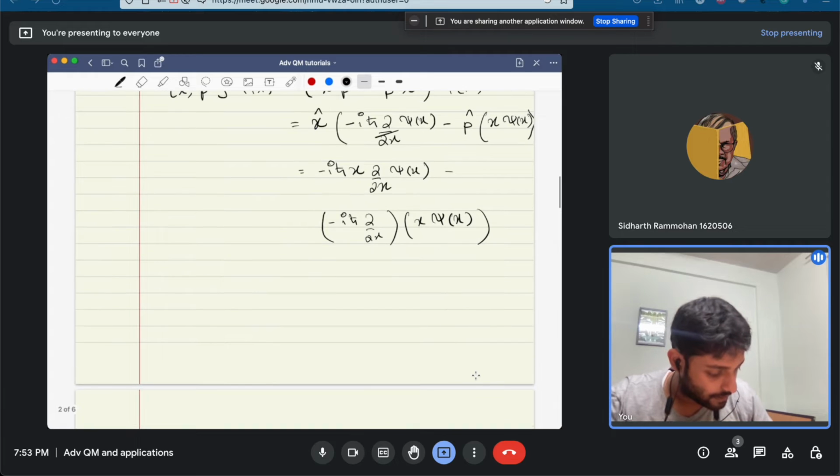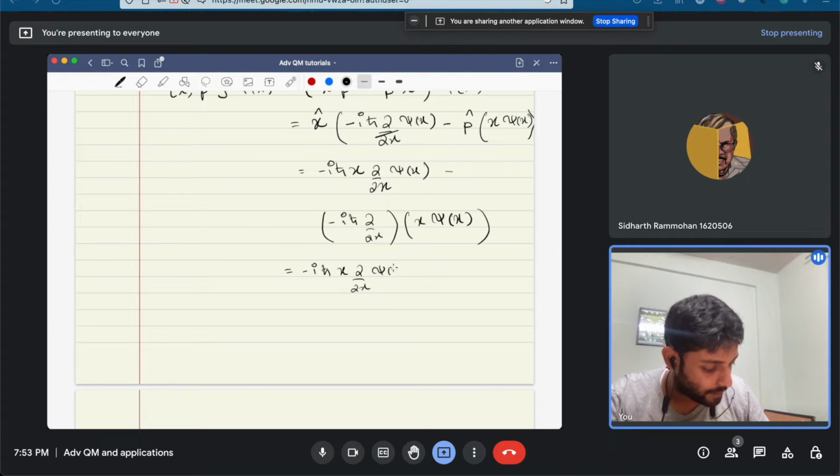So this gives us minus i h bar x del x psi of x plus, first the derivative on x, and then we do the derivative on the psi of x.